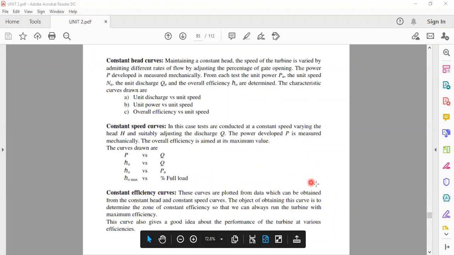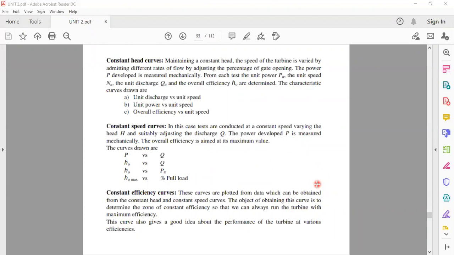This curve also gives a good idea about the performance of the turbine at various efficiencies.